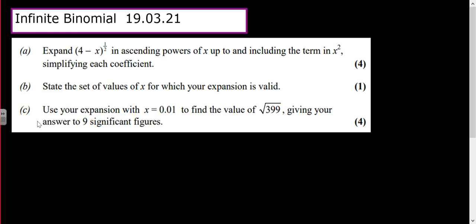Infinite binomial expansion is reasonably straightforward and procedural if you've got a handle on the formula, and the formula is given in the formula book.